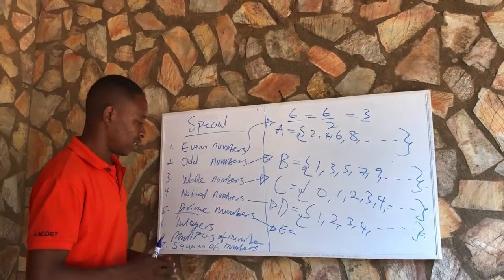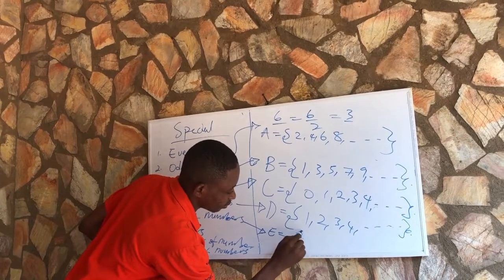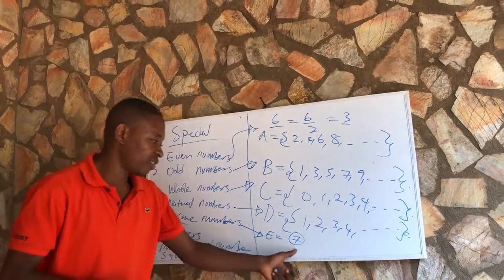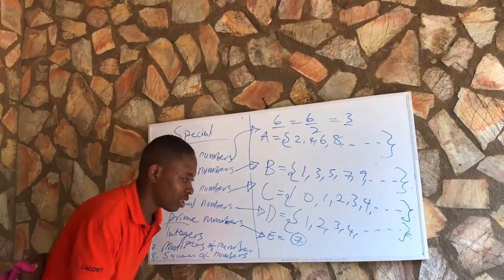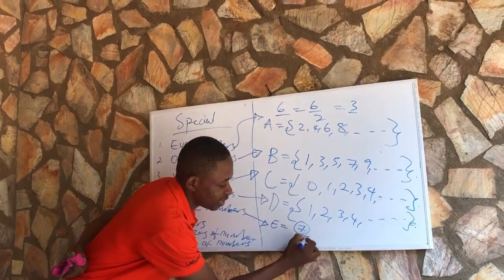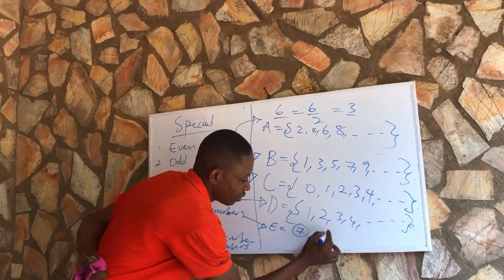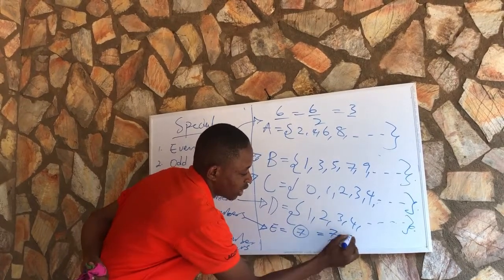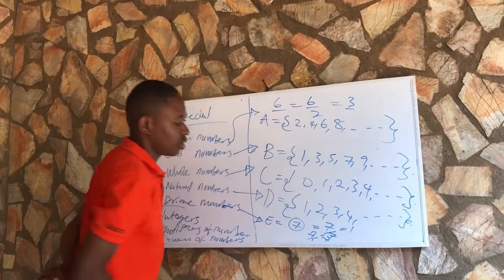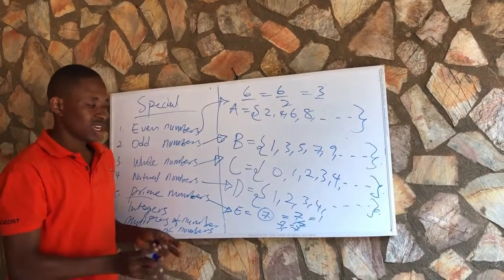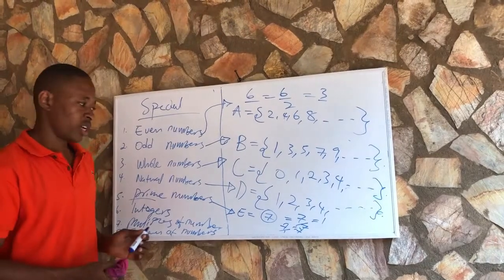For example, let's look at the number 7. 7 cannot be divided by any number except 7 itself and 1. You can divide 7 by 7 itself, you get 1. And you can divide 7 by 1 and get 7. So all numbers that can only be divided by the number itself and 1 are referred to as prime numbers.